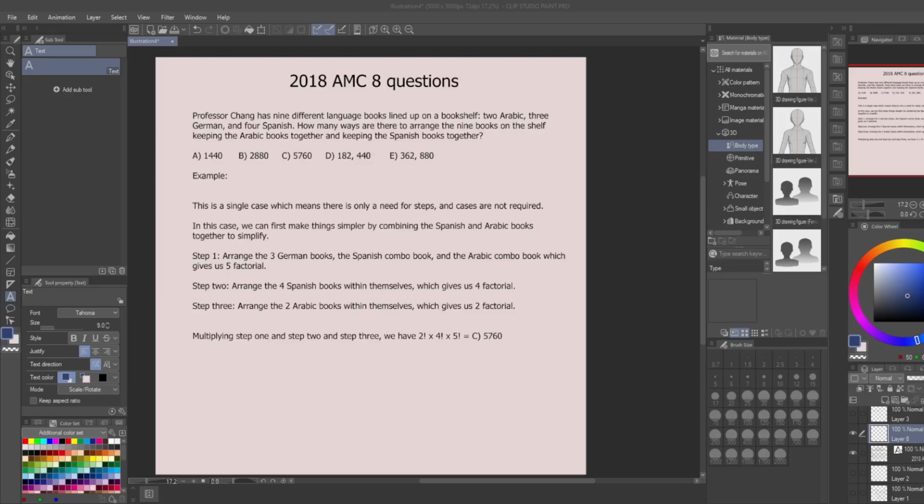And for step 3, we do the same with the Arabic books, which would give us 2 factorial. So now we can multiply the steps together, which gives us 2 factorial times 4 factorial times 5 factorial, which gives us C, 5,760.